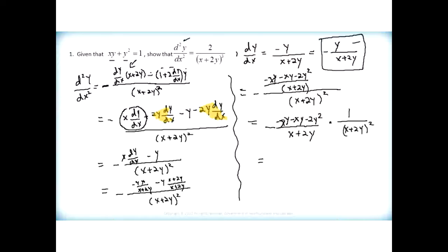So that should be a negative xy all the way through. Okay, so what that gives me then is the negative out in front of, my denominator will be x plus 2y now cubed, and in my numerator I've got negative 2xy minus 2y squared. And from that now, I still have this negative, and I'm looking at what I'm supposed to get for my answer.